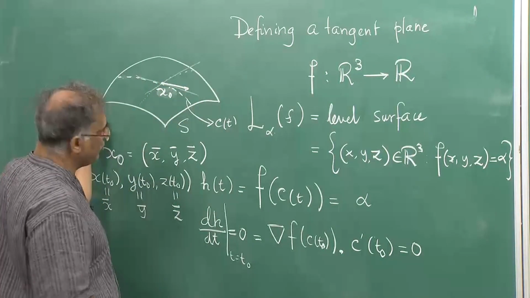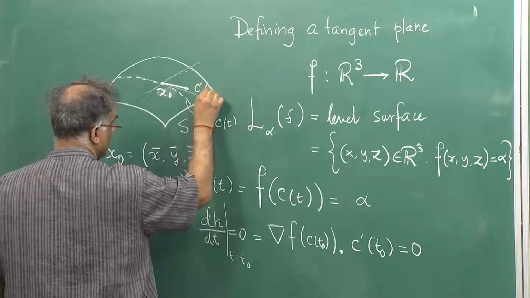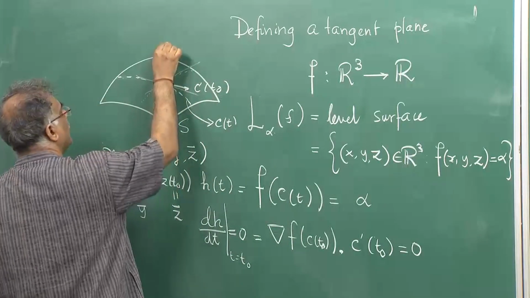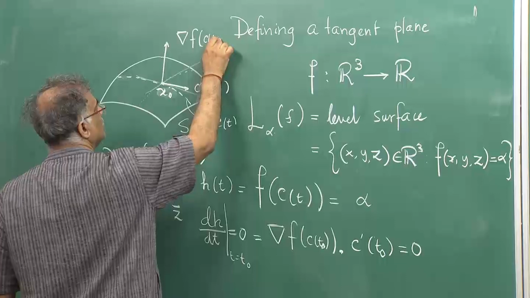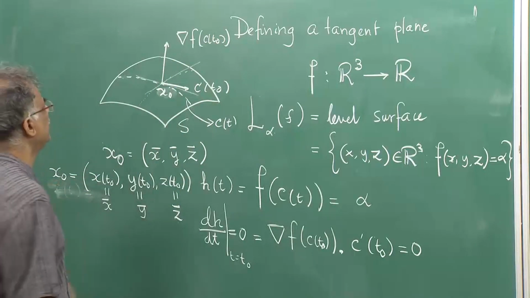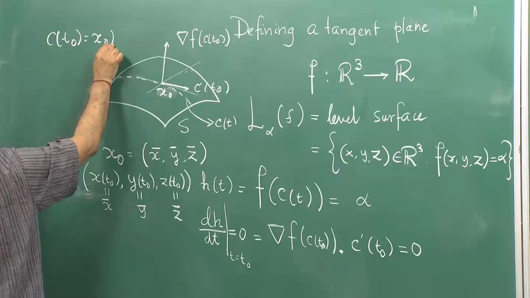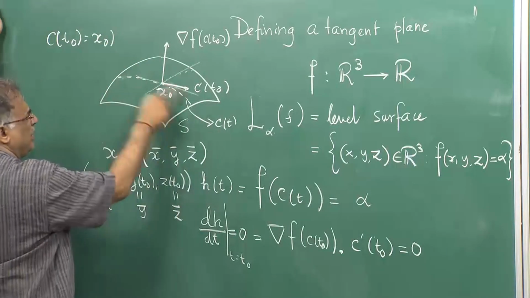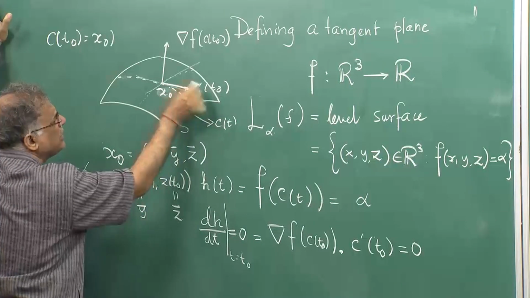If C(t) is the curve along which a particle is moving on the surface, then c dash t naught is its velocity, and the dot product is 0. Your c t naught is nothing but your x naught, so grad f of x naught is perpendicular to c dash t naught, but c dash t naught lies on the tangent plane because it is tangent to the curve C(t).